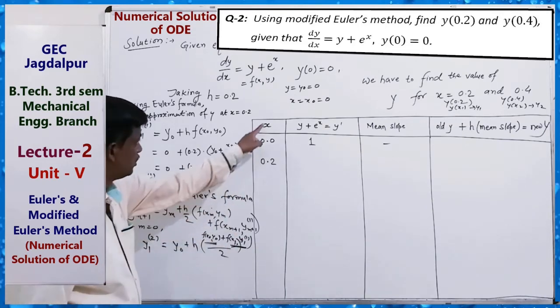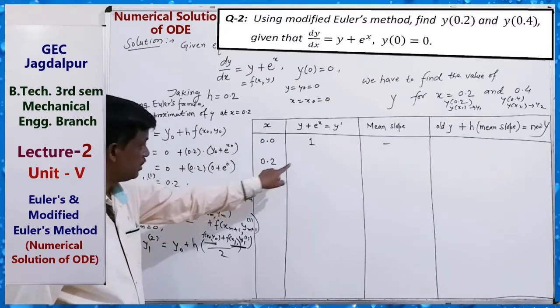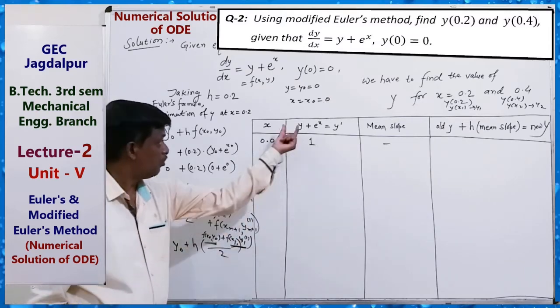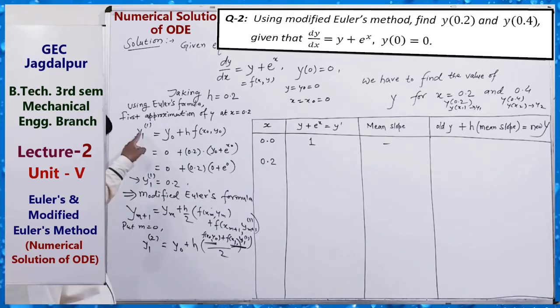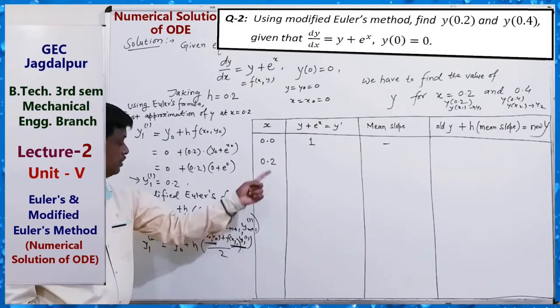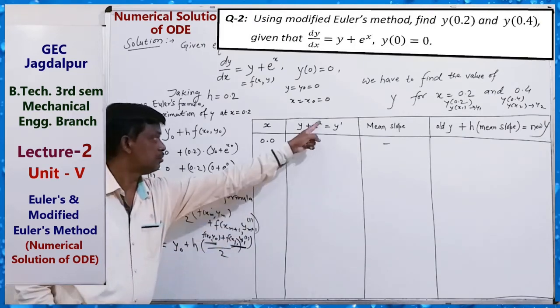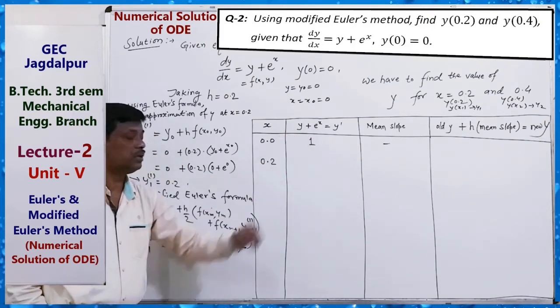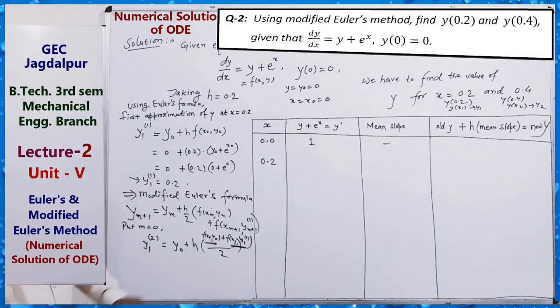So for x1 the value of y comes from the previous value. The value of x is 0.2, and the value of y comes from the previous value, that is 0.2.